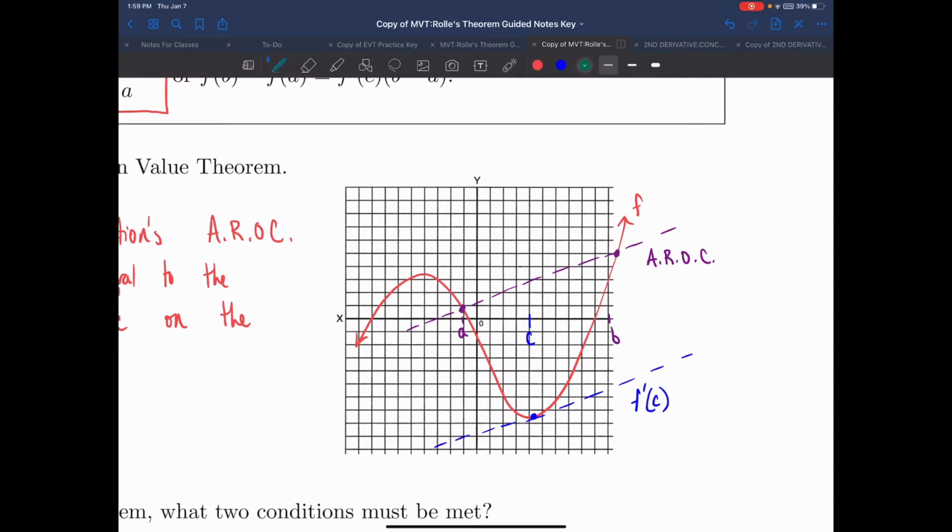In purple, you have the average rate of change, the dashed purple line. And in blue, we have the derivative, the dashed blue line. If you have a secant line between those 2 points, the slope of that secant line is going to be the same as the slope of the tangent line at some point between those two values.